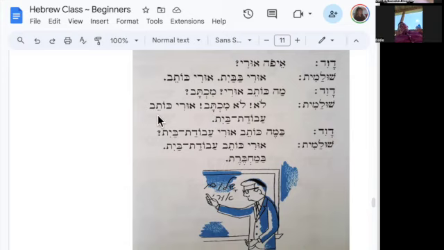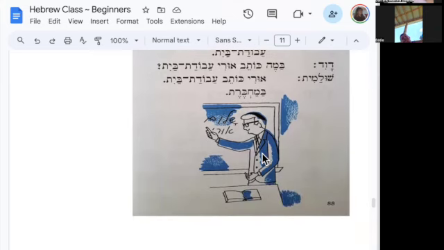Uri kotev avodat bayit. No, not a letter. Because the question was, what was Uri writing? Uri is writing his homework. Yeah, he had homework from school, obviously.